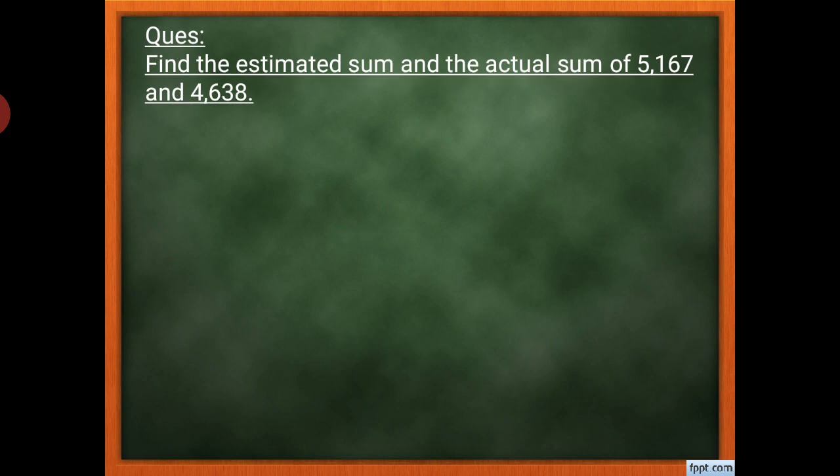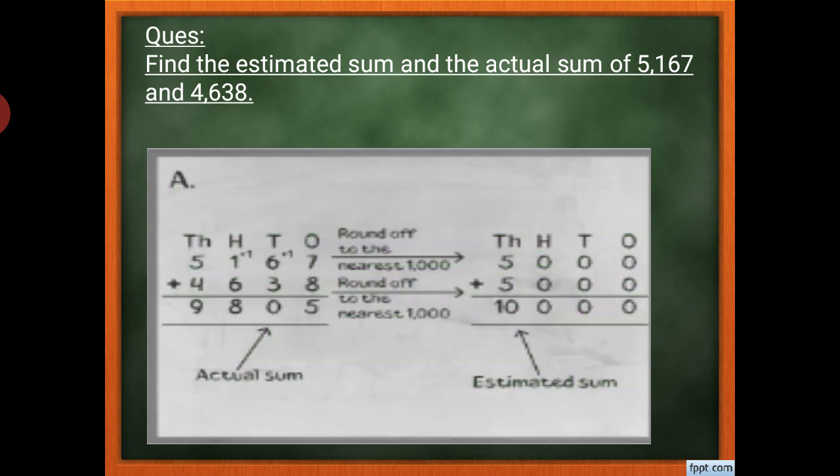Next, find the estimated sum and the actual sum of 5,167 and 4,638. Now let's see how we can do it. The actual sum means using the same numbers, noting down all the digits exactly, and finding the sum, just like we have done before. But for the estimated sum, first we round off both the numbers to the nearest 1000.